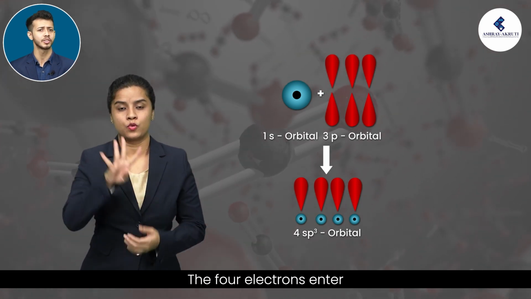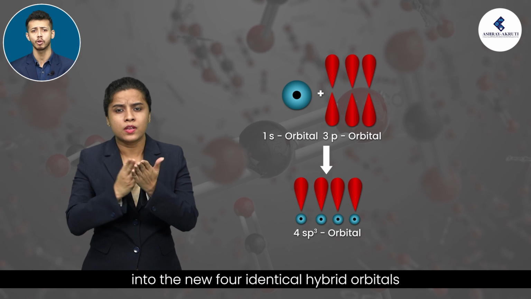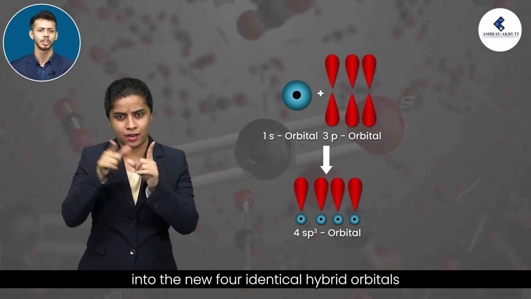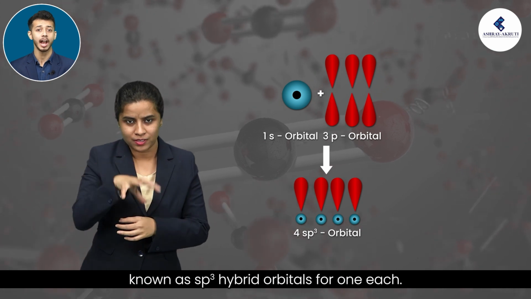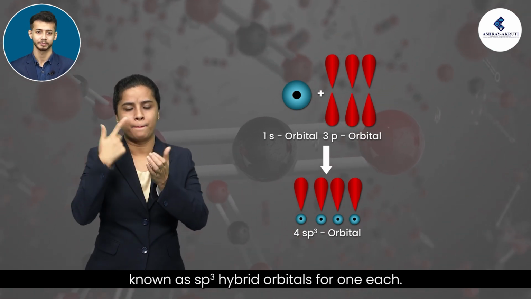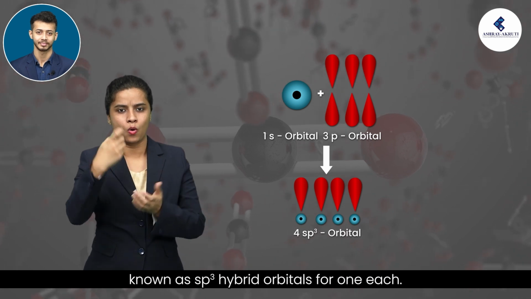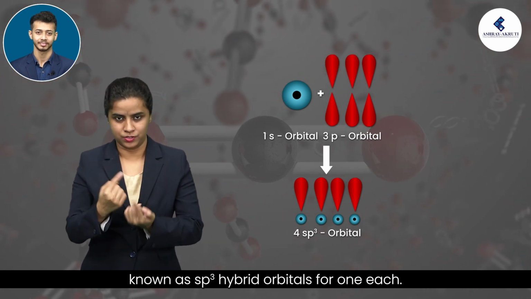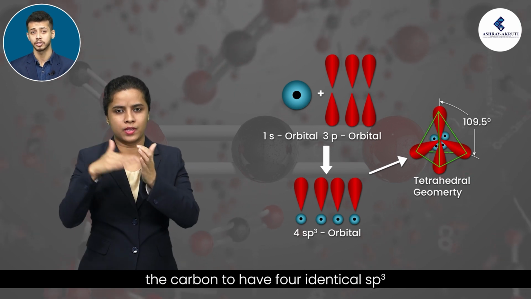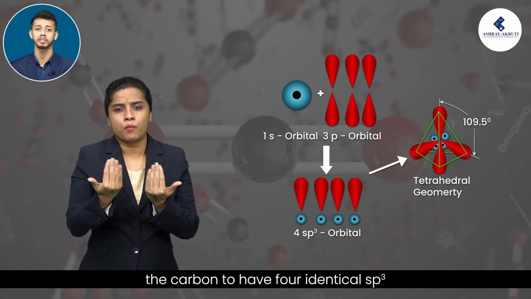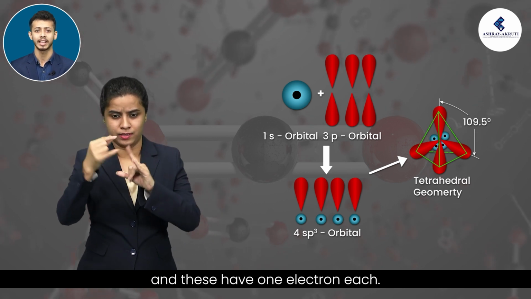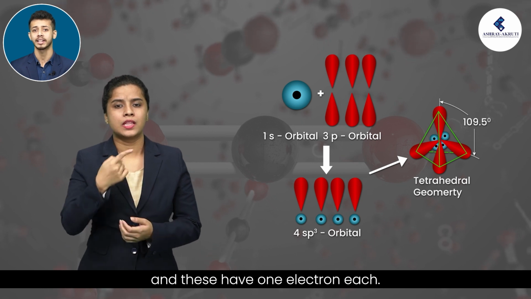The 4 electrons enter into the new 4 identical hybrid orbitals known as sp3 hybrid orbitals, one each. The hybridization enables the carbon to have 4 identical sp3 hybrid orbitals, and these have 1 electron each.